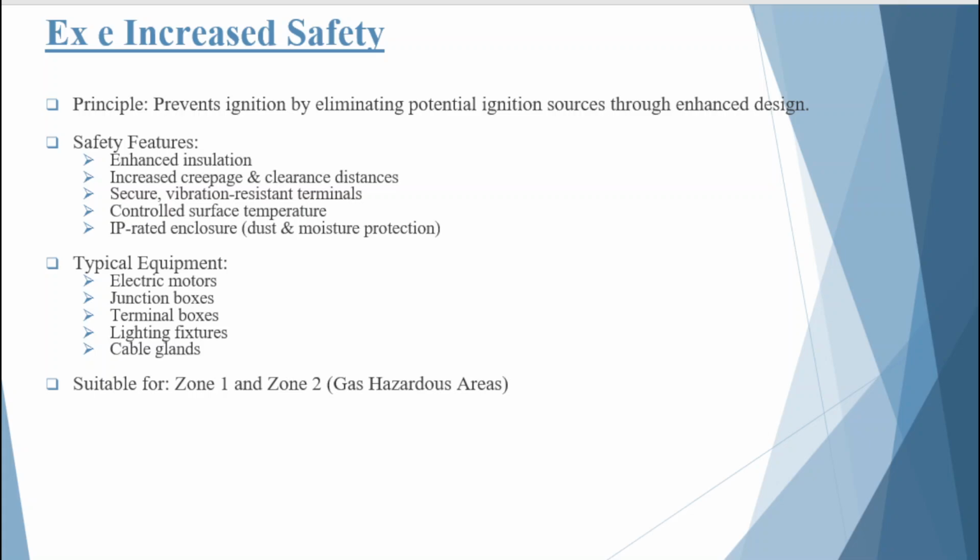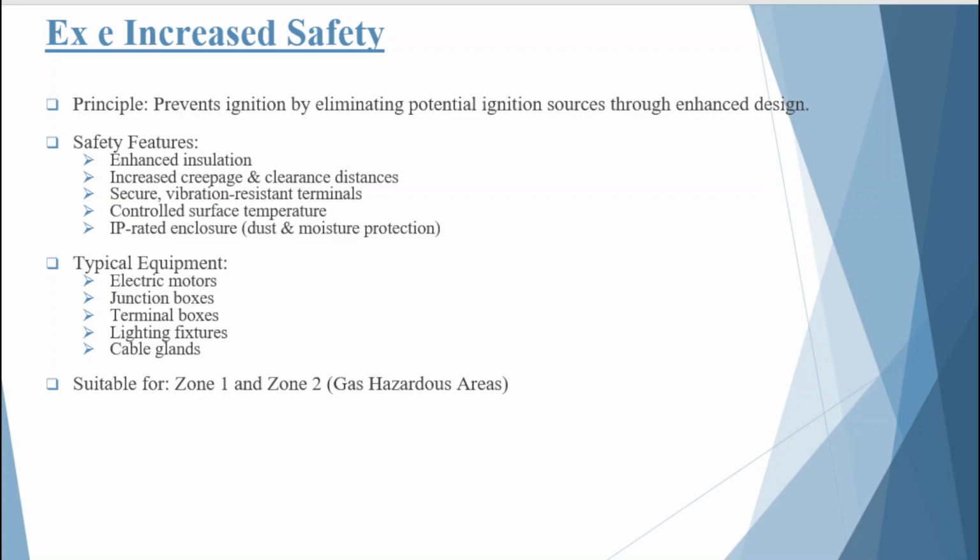The equipment is also designed with controlled surface temperatures, ensuring that no external surface becomes hot enough to ignite the surrounding hazardous atmosphere. In addition, XE enclosures are typically IP rated, providing protection against dust and moisture. This helps maintain the reliability and safety of the electrical components inside.